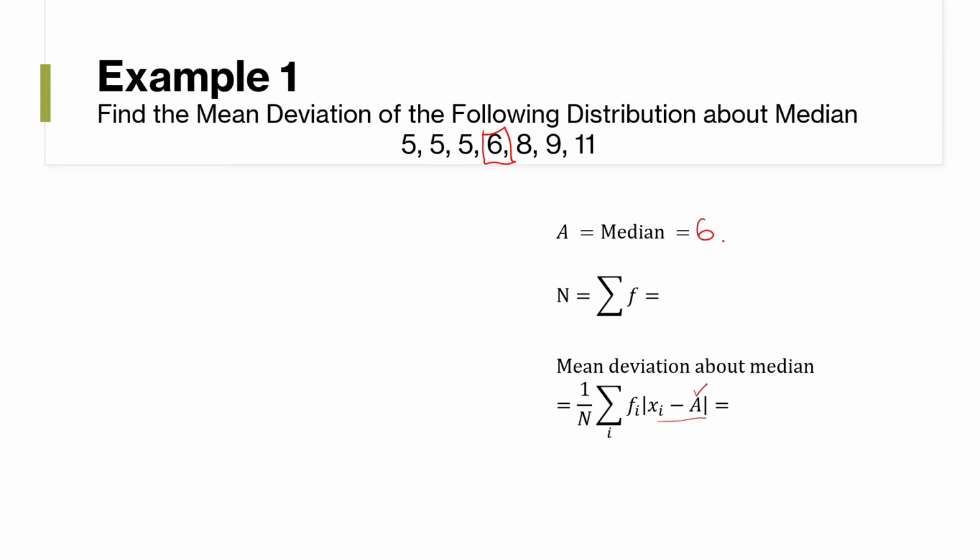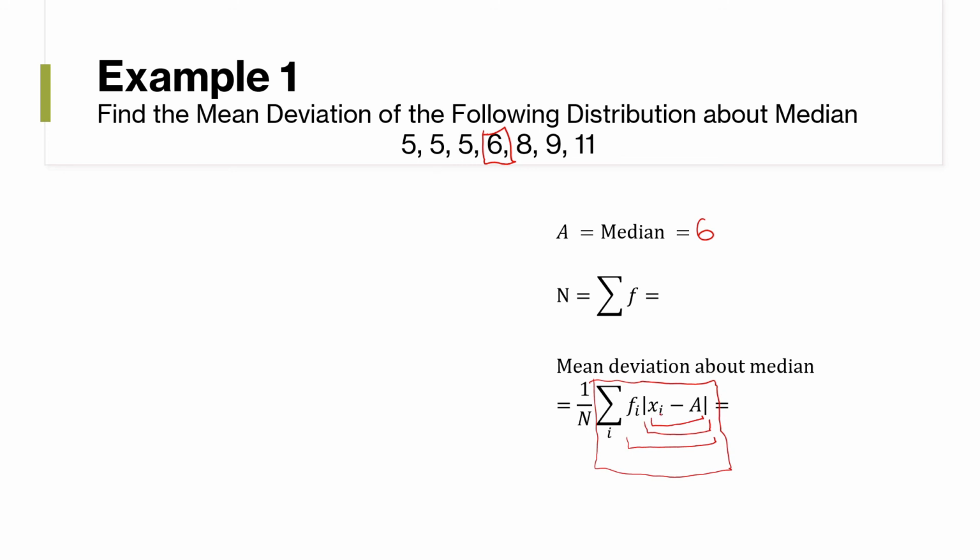Now, to calculate mean deviation about median, first we have calculated the median. One step done. We have to calculate each observation minus the median, then find the absolute value, then find frequency into the absolute value, and at last add them all up to get this summation. Remember, in such situations, as in the problems before, we will draw a table. In this table we have found our median here, so no issues.